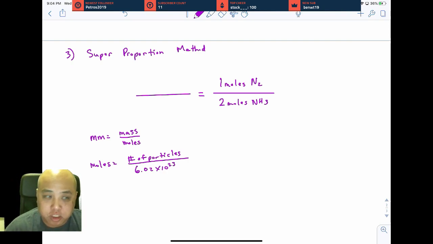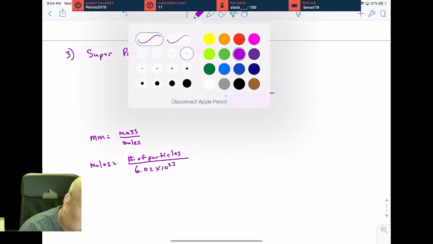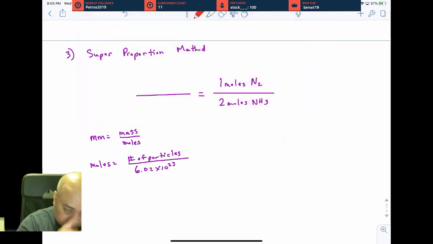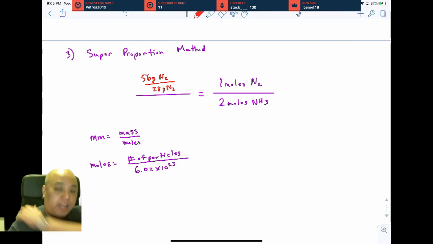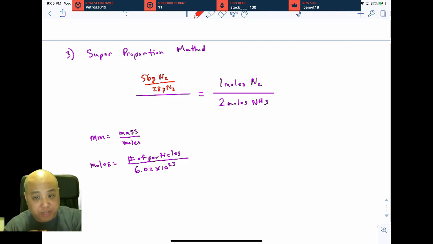And so you can plug in whichever of these formulas you need to over here. For example, the top part for N2, I have the mass of N2. If I wanted to solve for moles of N2, I would say, well, I have 56 grams of N2, and I want to divide it by the molar mass, which is 28 grams of N2. So that top part would equal the moles of N2. On the bottom, I want to solve for grams of NH3.